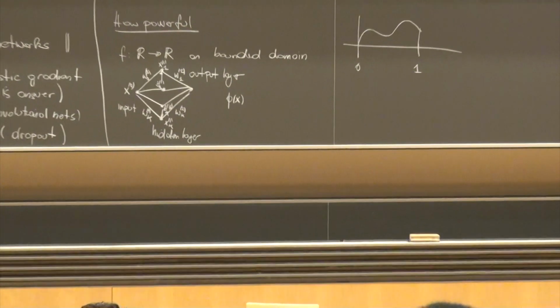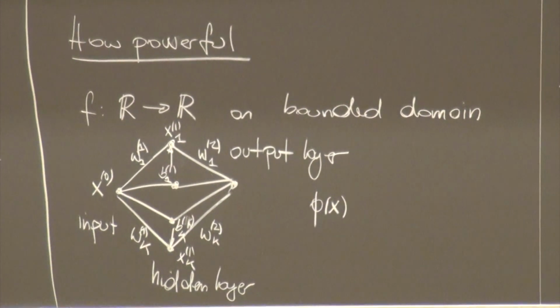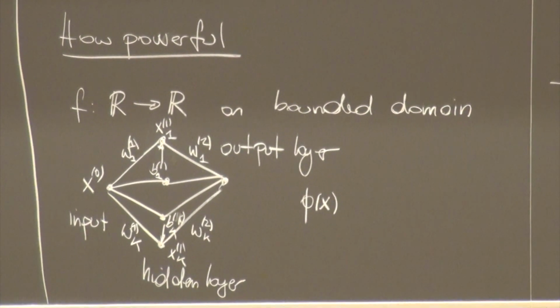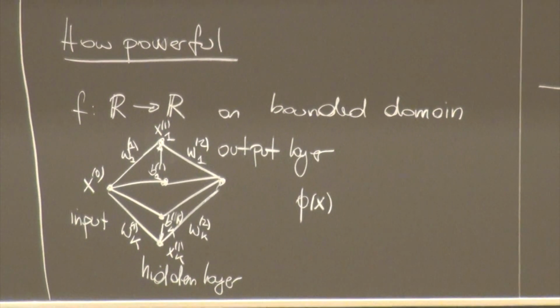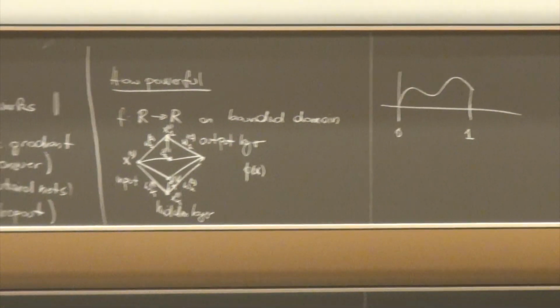Any ideas how we could do it? Right now we're not interested in how to do it in the best way with the least number of nodes. We just want to get some intuition of how we could potentially do this.